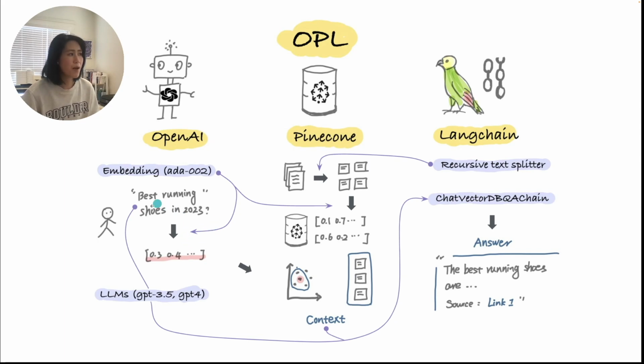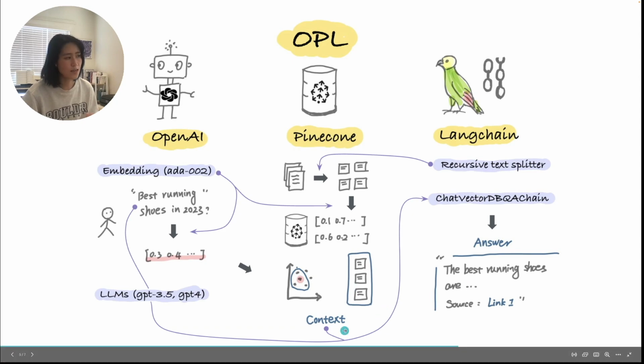We will also embed this question query into a vector, and then this vector will get compared with all the vectors stored in the Pinecone database. We'll use Pinecone's similarity search to find the ones that are most likely to answer the user's question. We will store those as a context.